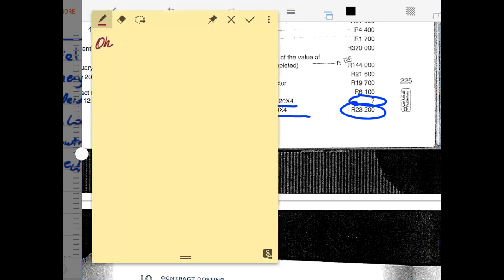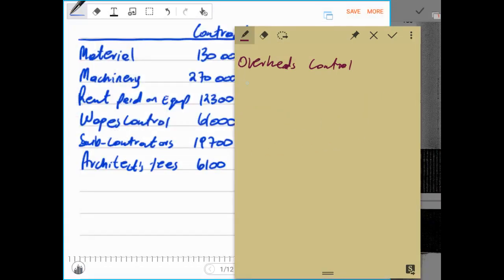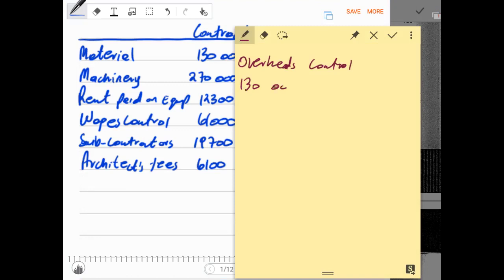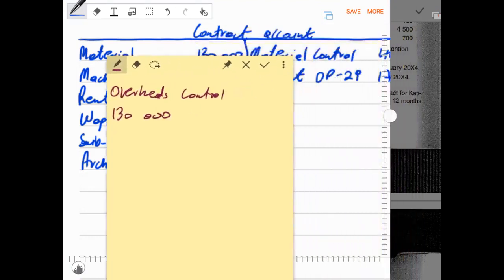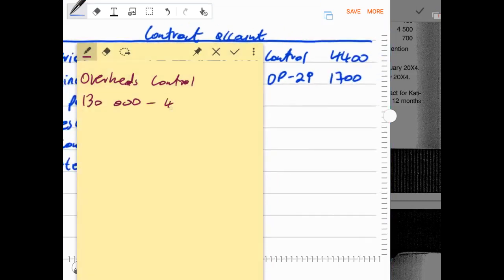So now our overheads will be calculated. Overheads control. Our overheads will be the material that was issued to the site, and that material was 130,000 rands, less the material that was returned to the main site, which is 4,400, less the material that was transferred to another contract, and less the closing material, which is 23,200.